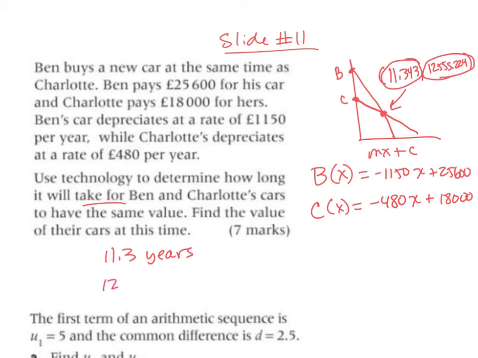So that would be 12,555.22, and this is in Great Britain pounds. There we go. So at 11.3 years, the cars will have the same value, which I don't know how that compares to $1, but that's pretty good value. If that were US dollars after 11 years, that's a pretty amazing value. But obviously pounds and dollars aren't the same thing.